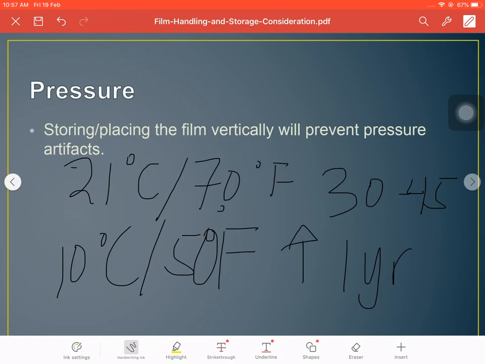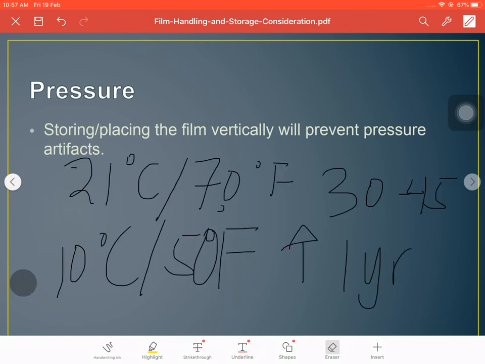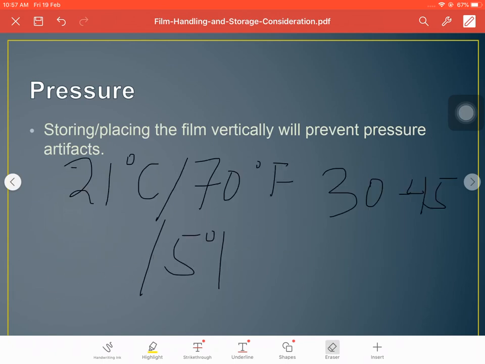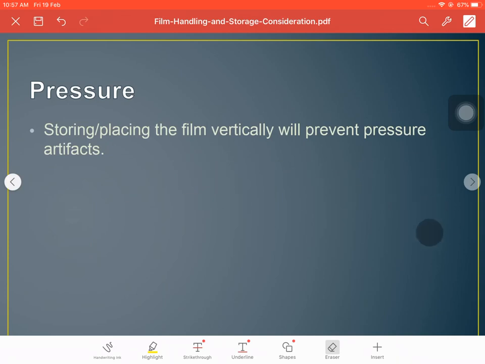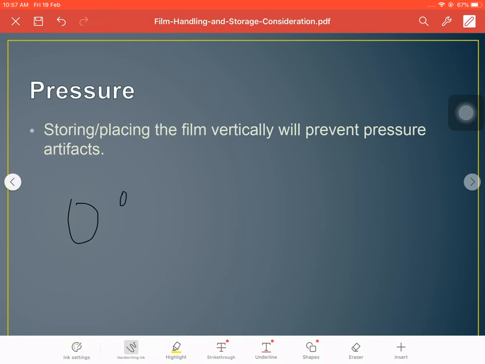Ma'am, is it possible to stop the film aging process? O diba may pa-Shopee pa tayo? Is it possible to stop the aging process of your film? Yes, it is. Place your film in a 0 degree Celsius temperature. In short, freeze.